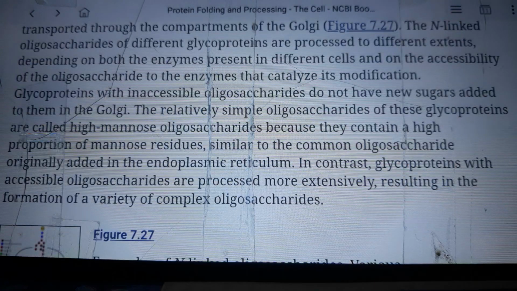The N-linked oligosaccharides on different glycoproteins are processed to different extents depending on both the enzymes present in different cells and on accessibility of the oligosaccharide to the enzymes that catalyze its modification. Glycoproteins with inaccessible oligosaccharides do not have new sugars added to them.